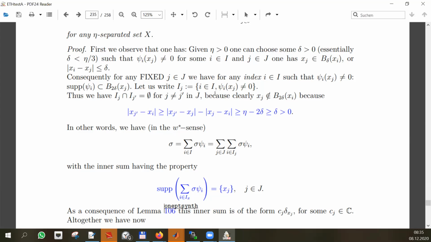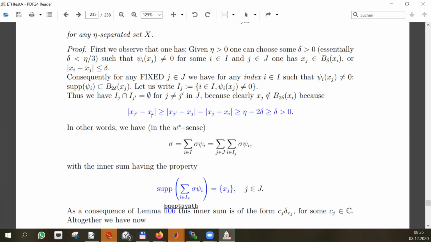Now I'm just saying, well, for every point in our separated set, we take all the elements from the BUPU, and recall it's a very fine BUPU where this is non-zero. And we just claim that if you choose different points, xj, x5, and x6, for example, then they have no common indices.